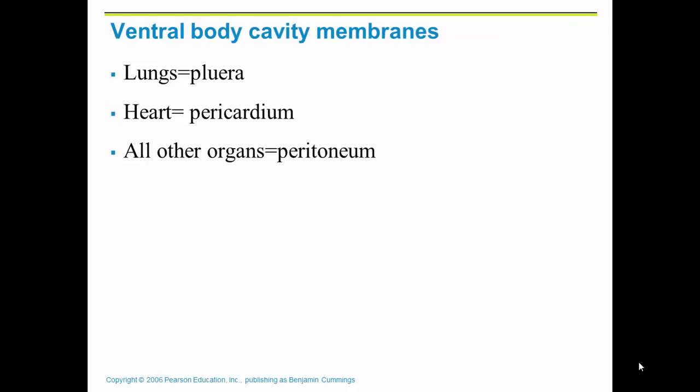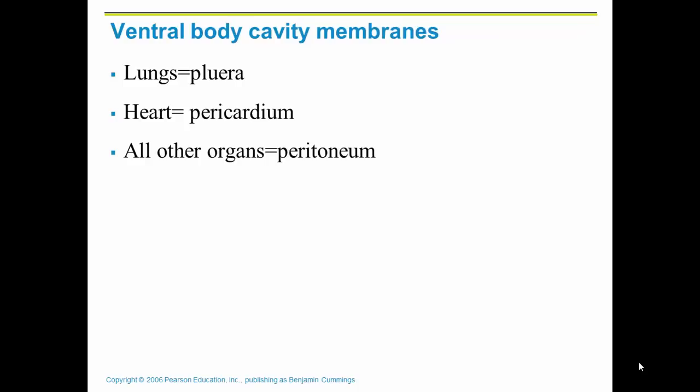Now, of course, to make things a little bit more confusing, each serosa or membrane has an actual name based on what it's covering or where it's located. Your lungs, the actual membrane is called a pleura. So your lungs have a parietal membrane and a visceral membrane. We just call it the parietal pleura and the visceral pleura.